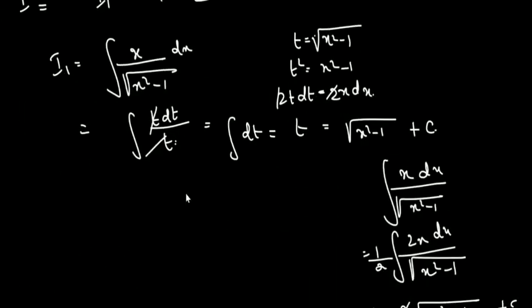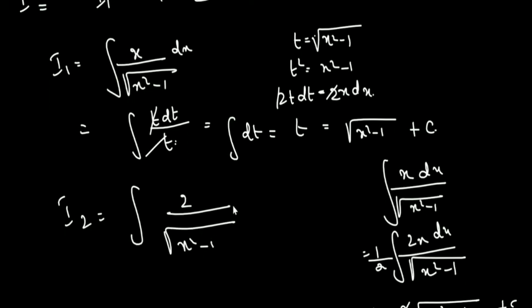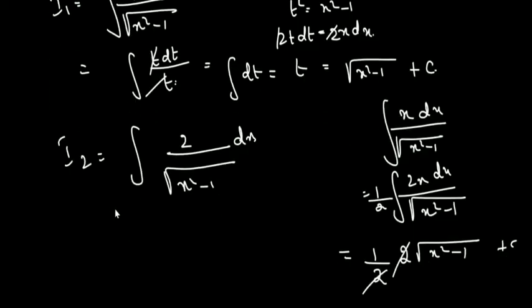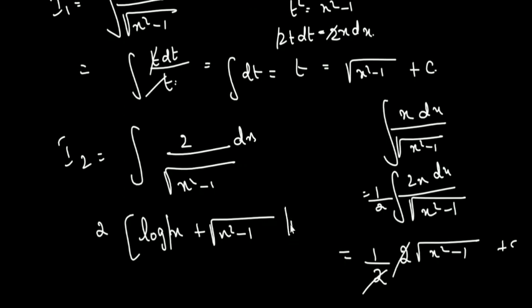Now let us do I2. The second integral is the integral of 2 by root of x square minus 1 dx. This is the standard formula: 2 into log of x plus root of x square minus 1.